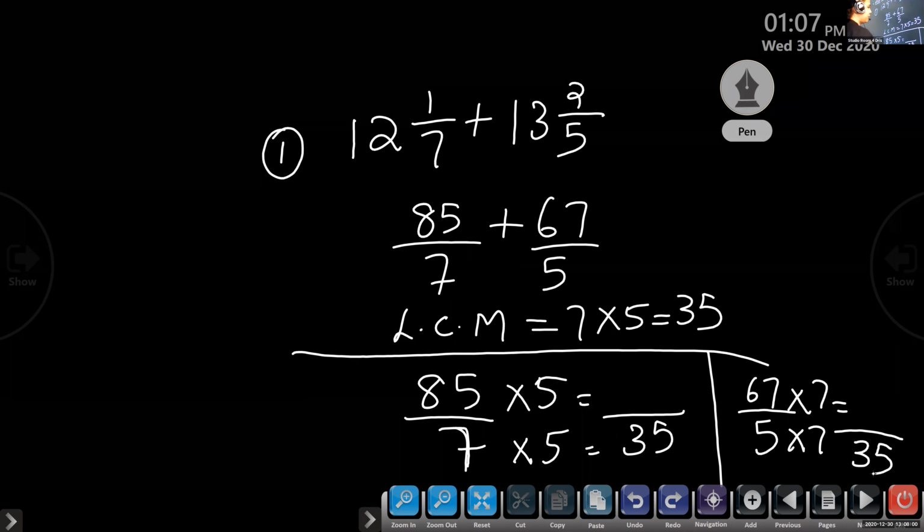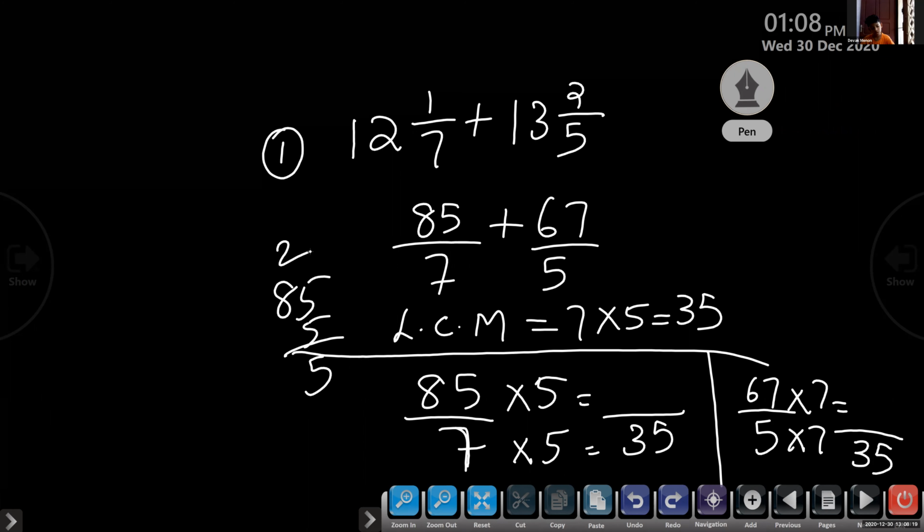So what's the final answer? 894 by 35. So what is 85 into 5? We will check whether it is correct. 425. 425 by 35. Next one, 67 into 7, 469.